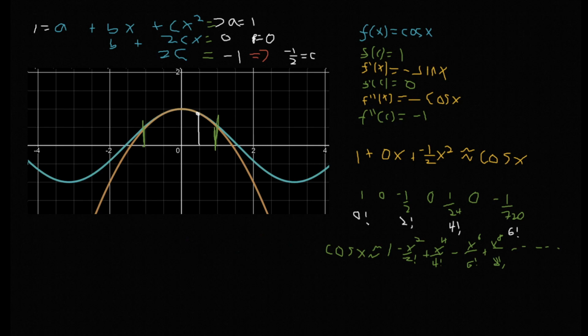So what if we wanted to write this as an infinite sum? What we would do is write our sigma, from n equals 0 to infinity. The infinite sum of these terms gives us our exact value for cosine x. So how would we go about writing this infinite sum to be exactly cosine x?